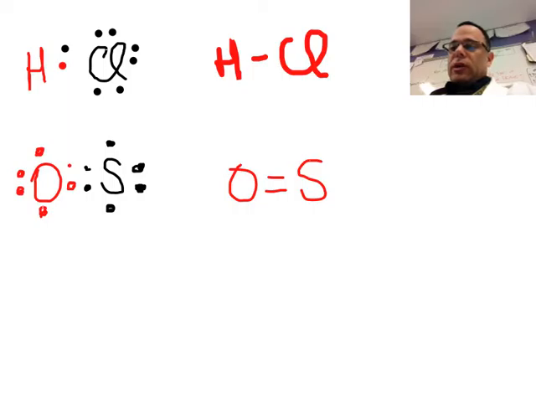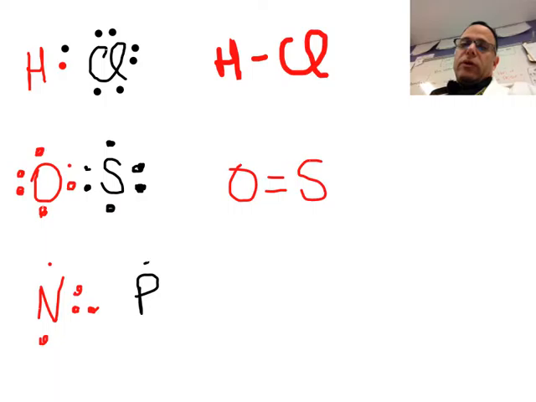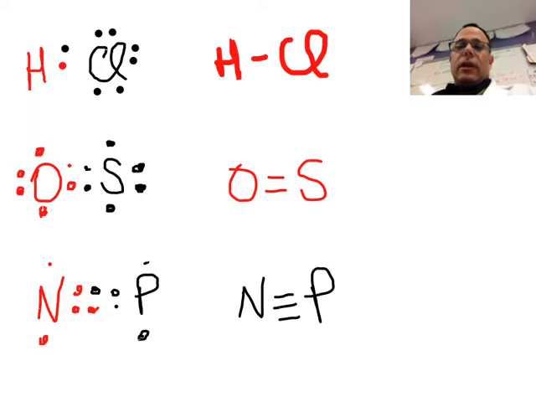And we could also take a look at nitrogen and phosphorus. Nitrogen with its 1, 2, 3, 4, 5. Okay. And here 1, 2, 3, 4, 5. So we end up with a triple bond here.